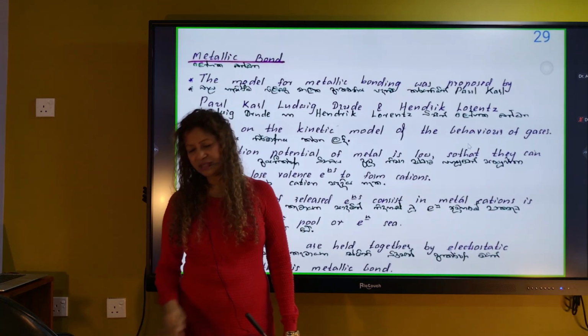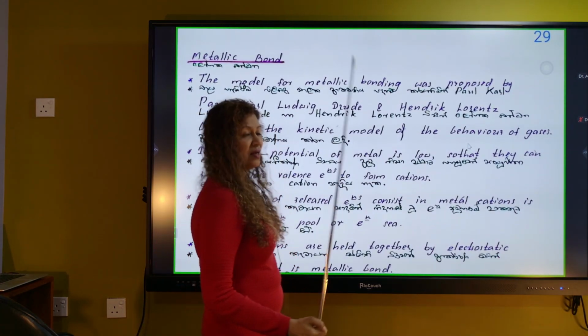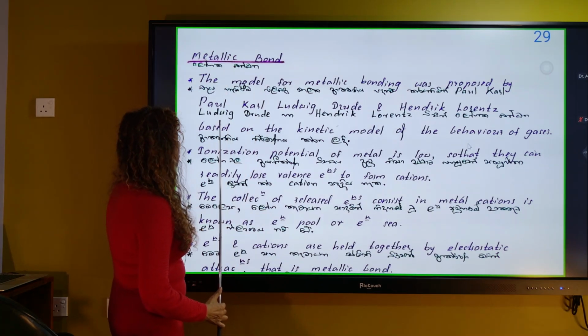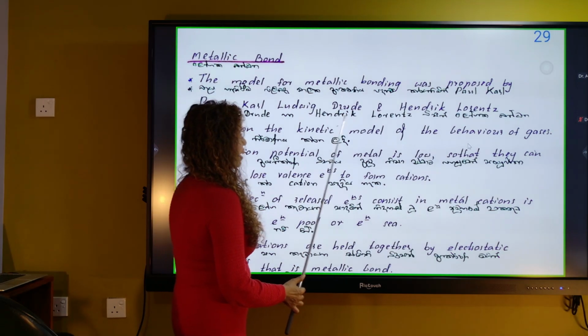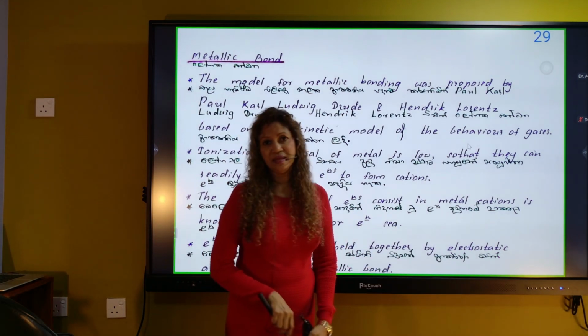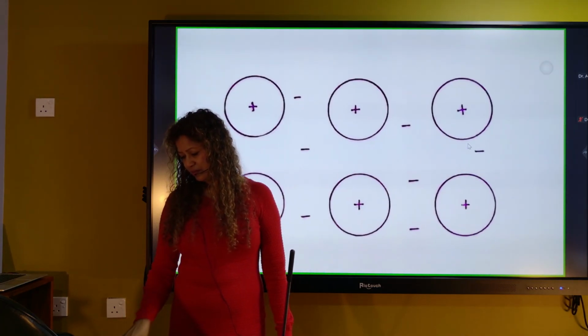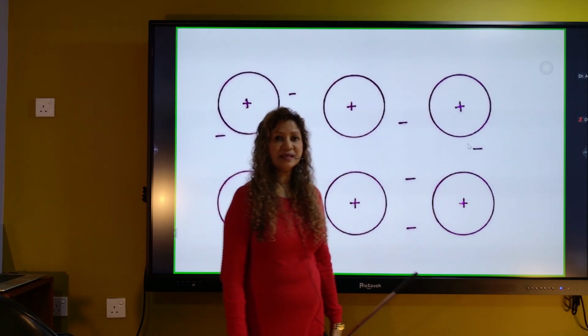Alright, the next one is the metallic bond. Who discovered this metallic bond theory? Paul Carl Ludwig Drude and Henrik Lorentz. Together they developed this structure for the metallic lattice.